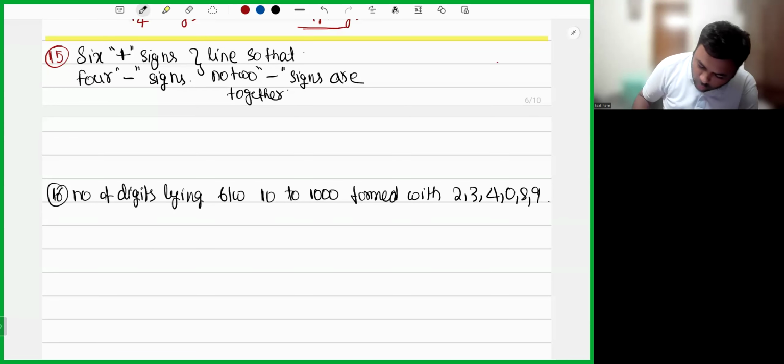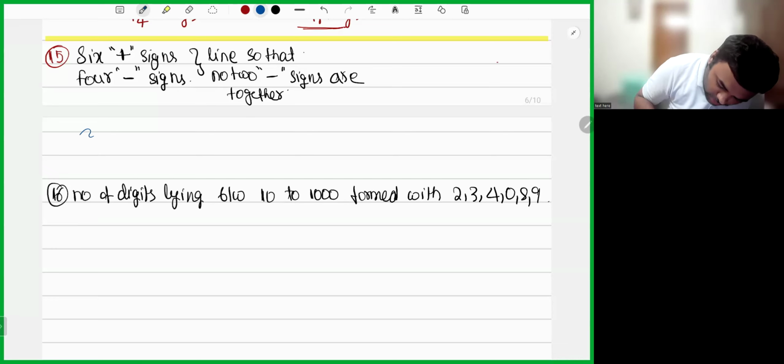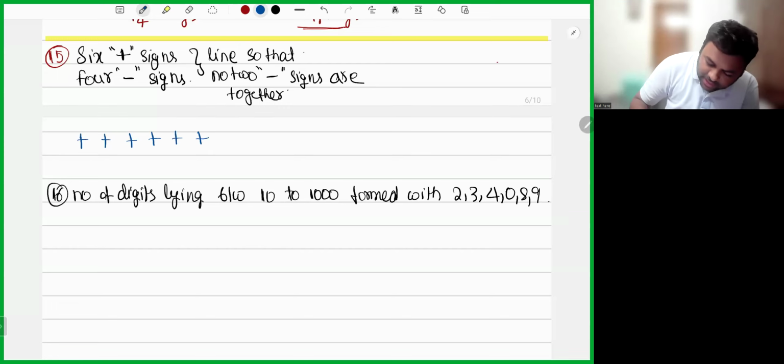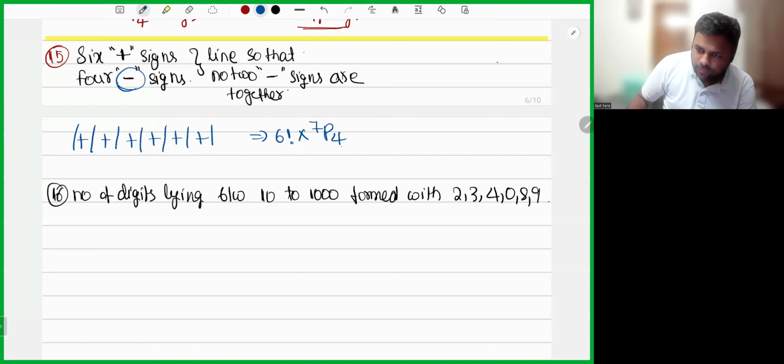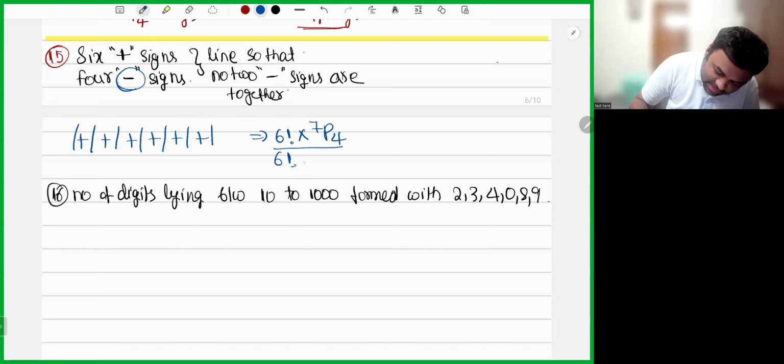6 plus signs, 4 minus signs, and no two minus signs are together. First, I'll arrange the 6 plus signs in 6 factorial ways. In between, how many gaps are there? 1, 2, 3, 4, 5, 6, 7. In 7 gaps, I'll arrange 4 minus signs, 7P4. But 6 plus signs are repeated 6 times and 4 minus signs are repeated 4 times.